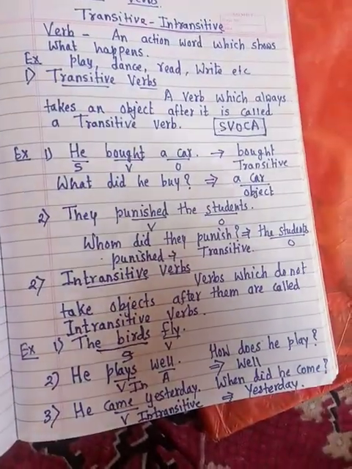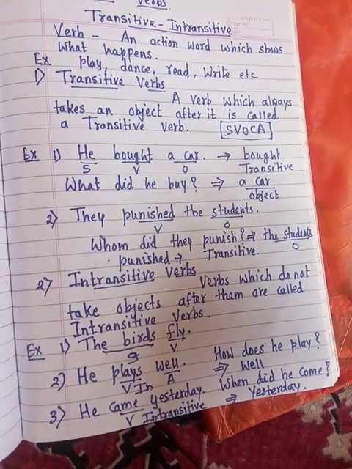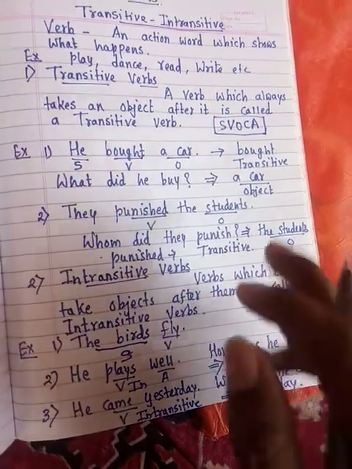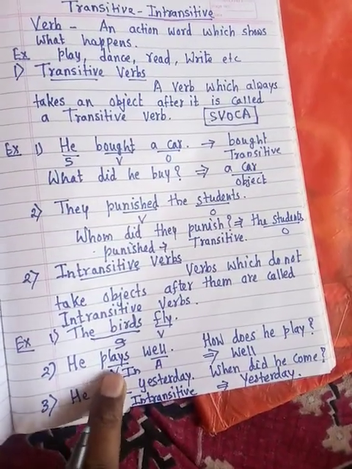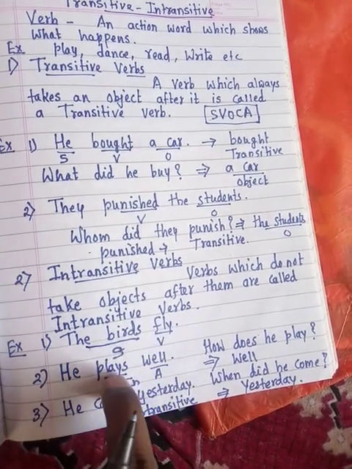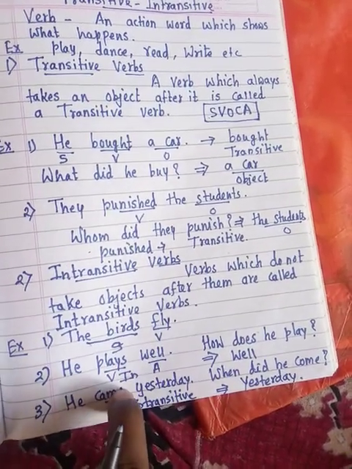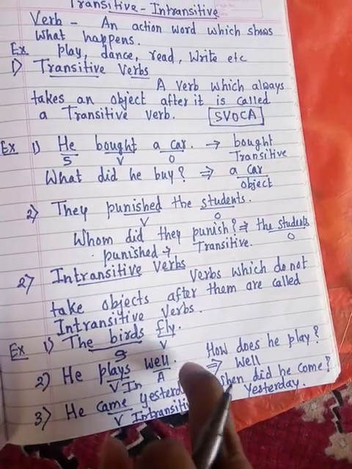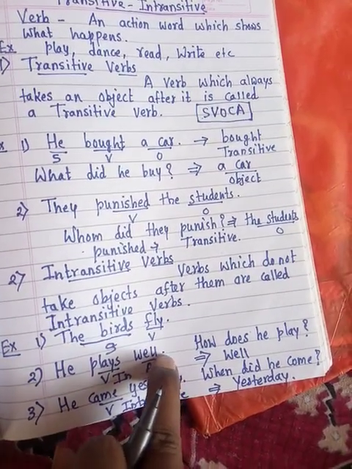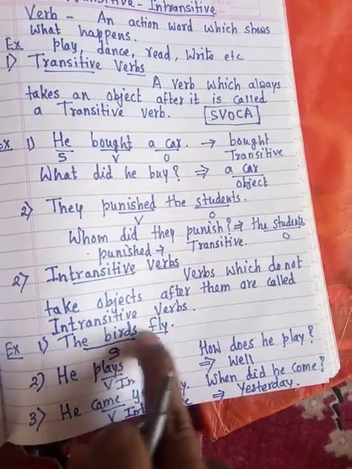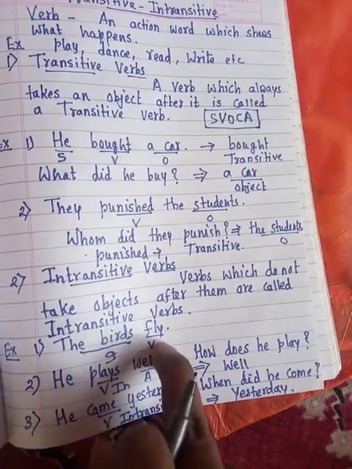What if something is there after the verb and you may get confused whether it is an object or not? Then there also there is a method. See here, he plays well. Now what is there after the verb? Plays is a verb and this is an intransitive verb. How to identify? Some may say that well is an object, but to be an object, the question must be prepared with what, who, or whom.